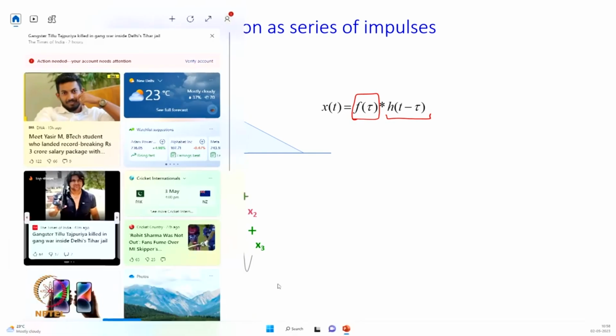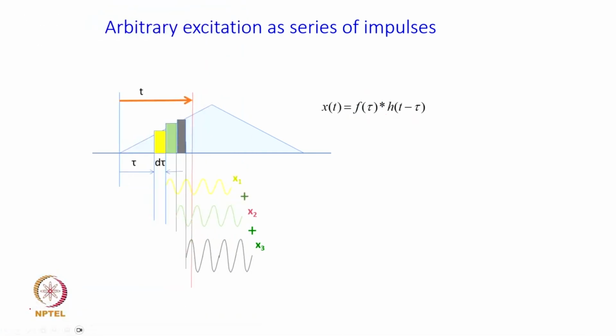So, the idea here is to keep adding these individual impulse responses and then find the total response. It should be clear in your mind that either you find the response at the end of this impulse and take that as an initial condition for finding the response at the end of the next impulse, one by one, or assume that they are all independent impulses with 0 initial conditions and simply add all of them up.